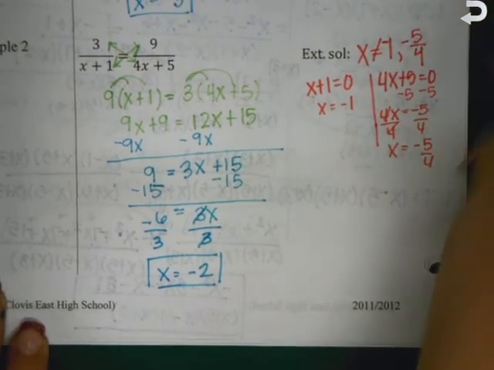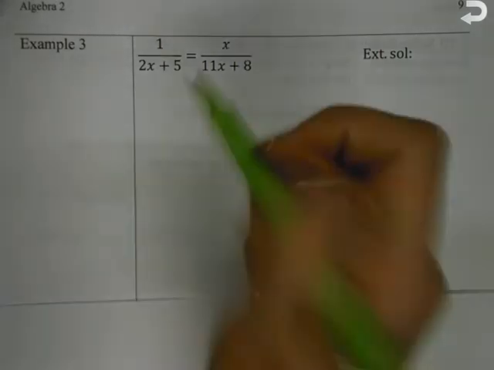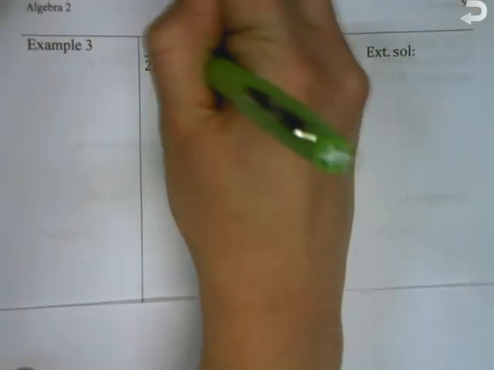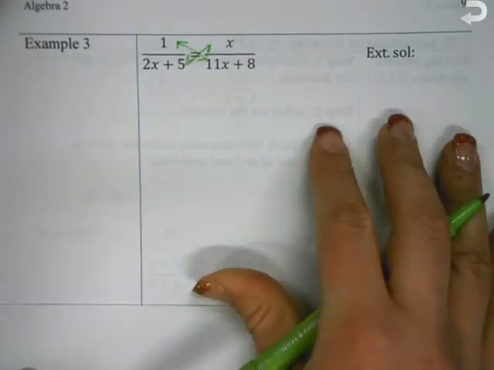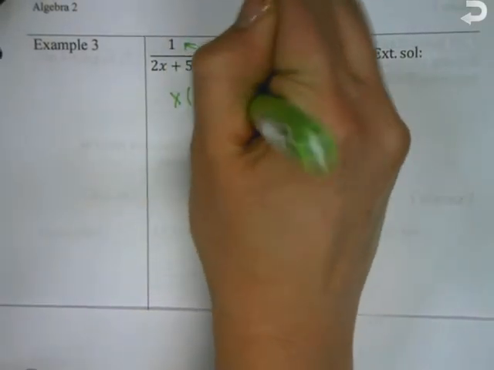Okay, so example 3, we have 1 over 2x plus 5 equals x over 11x plus 8. So I'm going to do the same thing. I'm going to cross multiply here. That gives me x times 2x plus 5 equal to 1 times 11x plus 8.